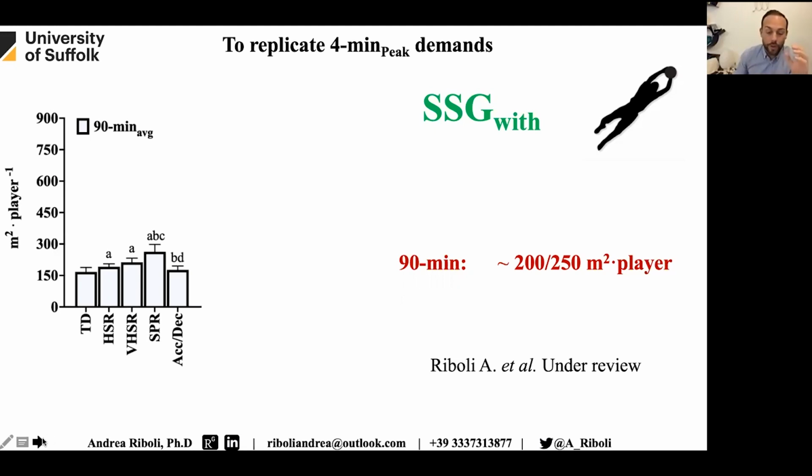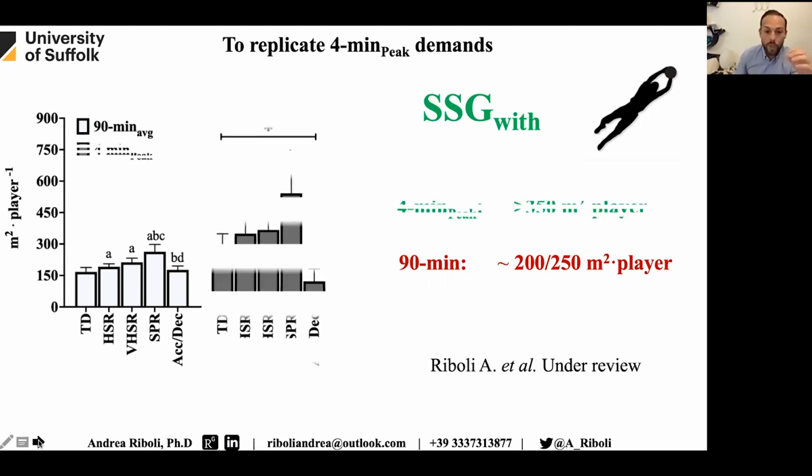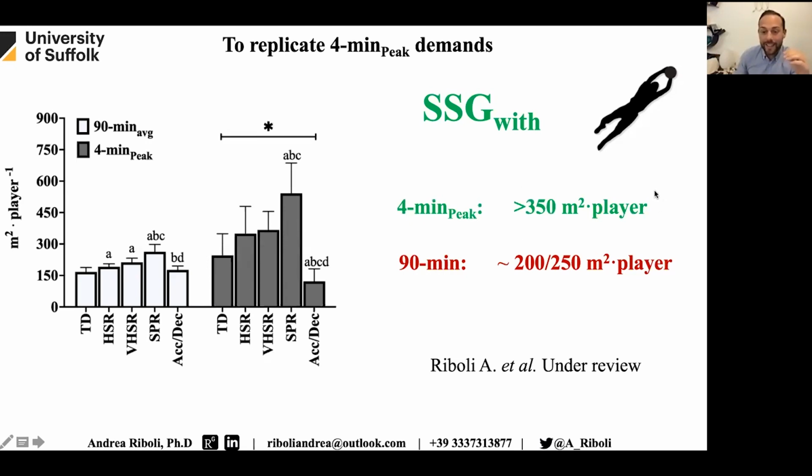But if we use, for example, 4-minute small-sided games and we want to replicate the 4-minute peak, we need to utilize a significantly higher area per player, near to the average area per player usually required during official match demands, which is about 340 square meters per player. So we need to increase the pitch size if we want to replicate the 4-minute peak using small-sided games of a similar duration.